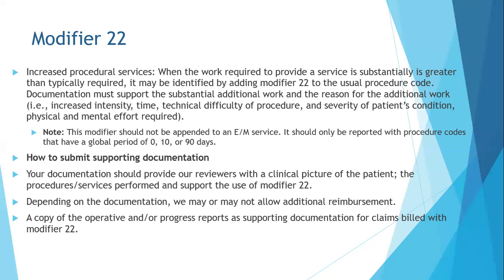What's the time? What's the technical difficulty? Did they have to change the sheath out multiple times? Did they have to use different catheter sizes? Were there issues because the patient was obese, or did they have a drop in blood pressure and they had to stabilize them, or did they have a bleed out or something that caused this procedure to be substantially more work?